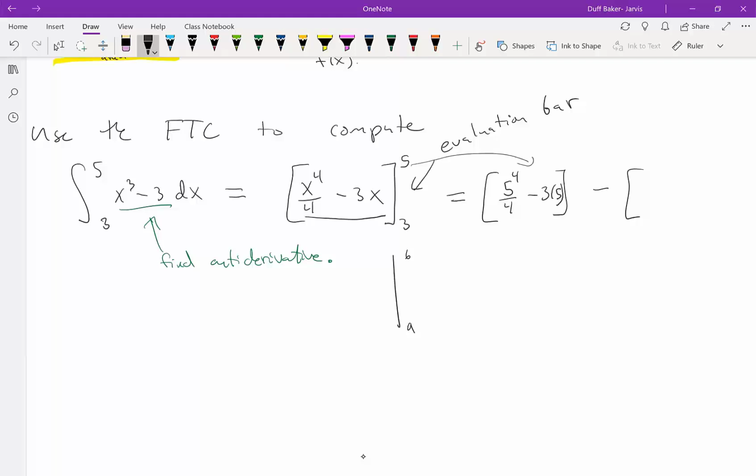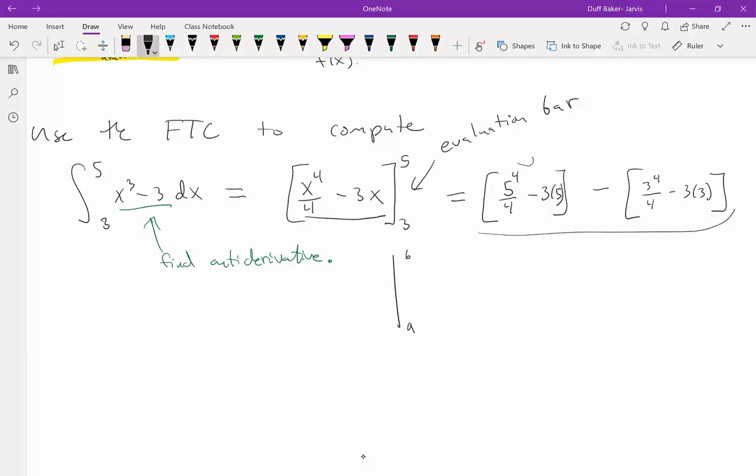Right, so the 5 went in here, then the 3 is going to go in the next one: 3 to the 4th over 4. Okay, so you would get something like this. And so yeah, this is just the answer. I mean, you can simplify this if you want, of course, but they're rather large numbers, right? 5 cubed is 125. You're going to get up into the thousands here probably.